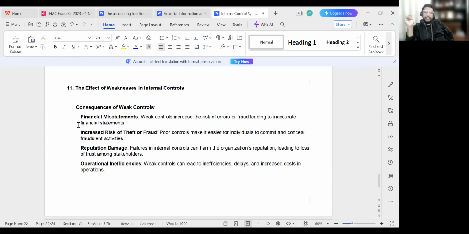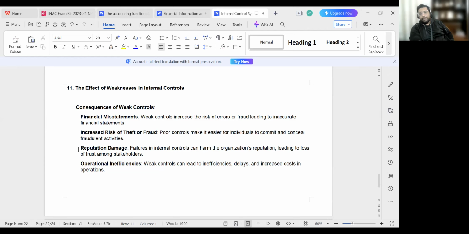So that's going to be the consequence, one, the financial misstatement. Then we have increased risk of theft or fraud, right? So if your internal control system is weak, there is a risk of theft or fraud.